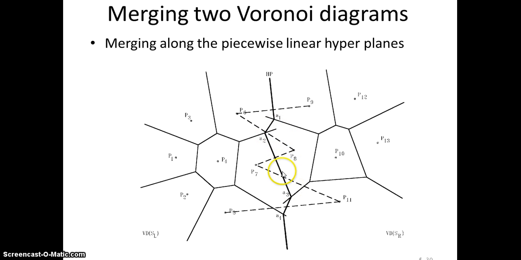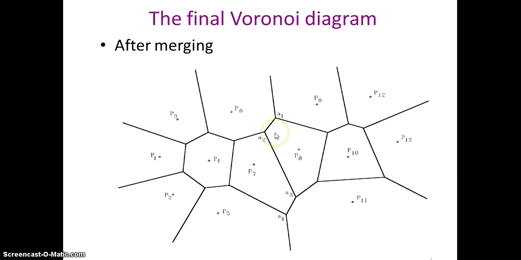There is another bisector between P7 and P8, another between P7 and P11, and another here between P5 and P11. After merging, we'll remove these extra edges which are outside the other diagram. So the resulting diagram will look like this.